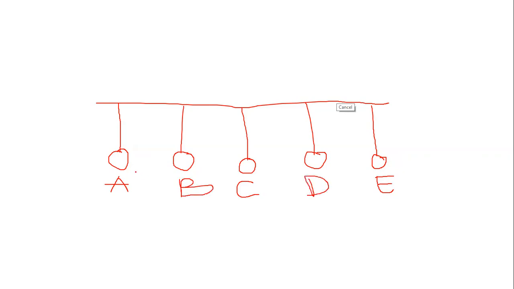So if machine A intends to communicate to machine C, what will happen is this. Machine A will send a packet which will be sent to all workstations.